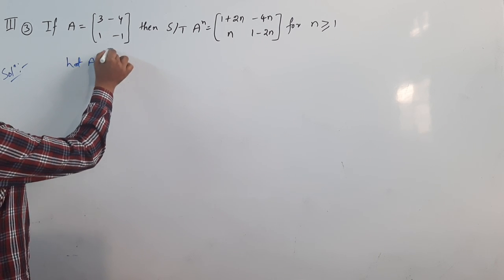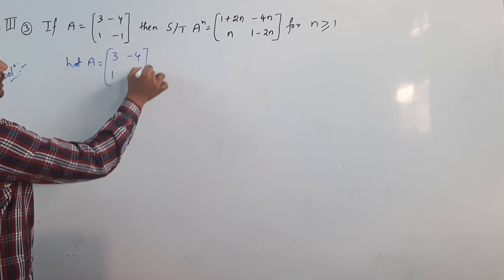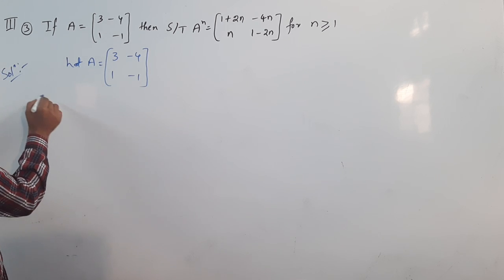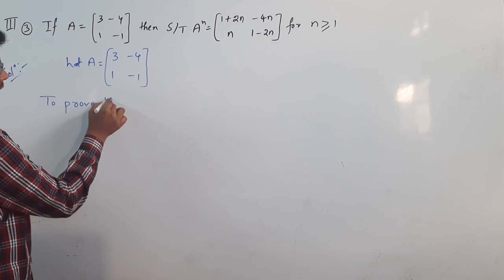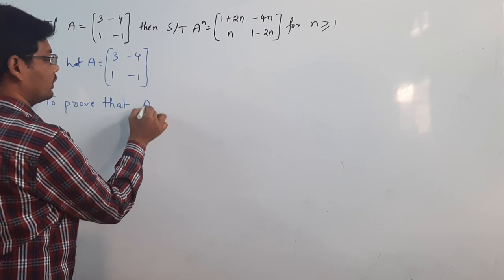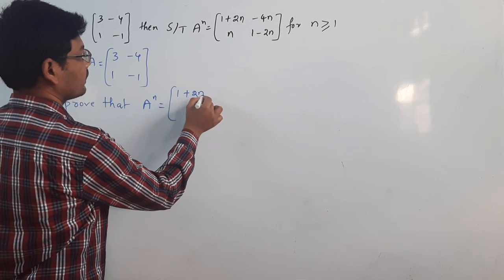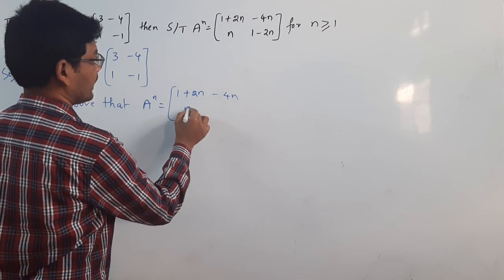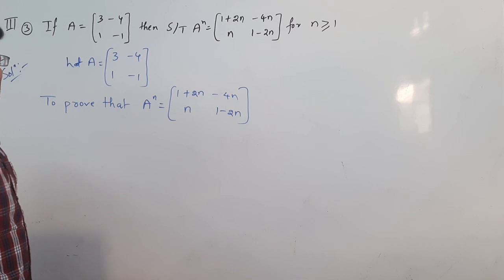To prove this condition, we need to prove that A to the power of n is equal to [1 + 2n, -4n; n, 1 - 2n].